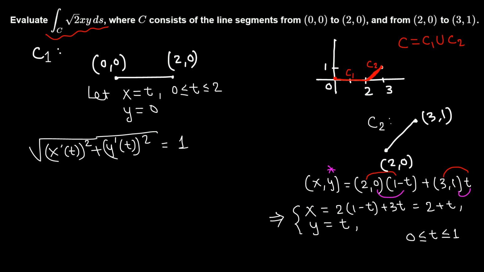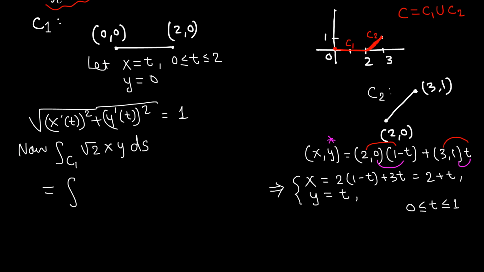Then the integral over C1 of the square root of 2 times x y ds will be the same as, with this parameterization, t running from 0 to 2, the integral from 0 to 2 of root 2 times x, which is t, times y, which is 0.